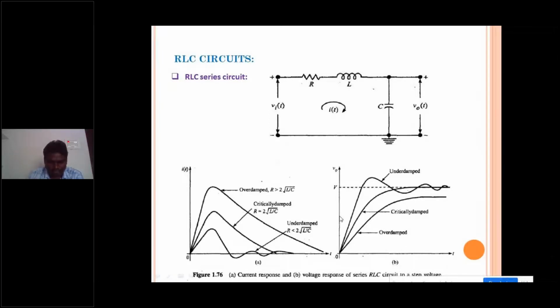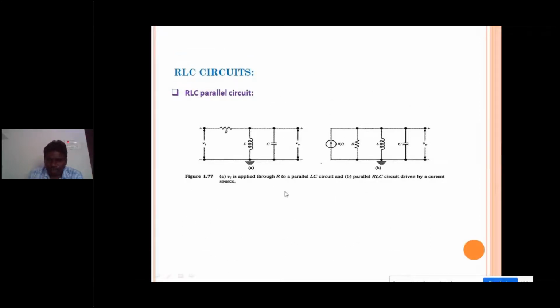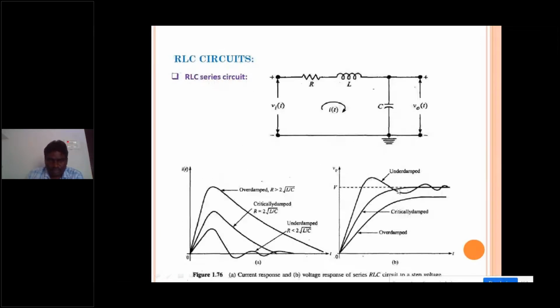Not much concentration is needed here. Try to understand these shapes for different inputs. The input we applied here is a step. This is a series circuit and this is a parallel circuit.